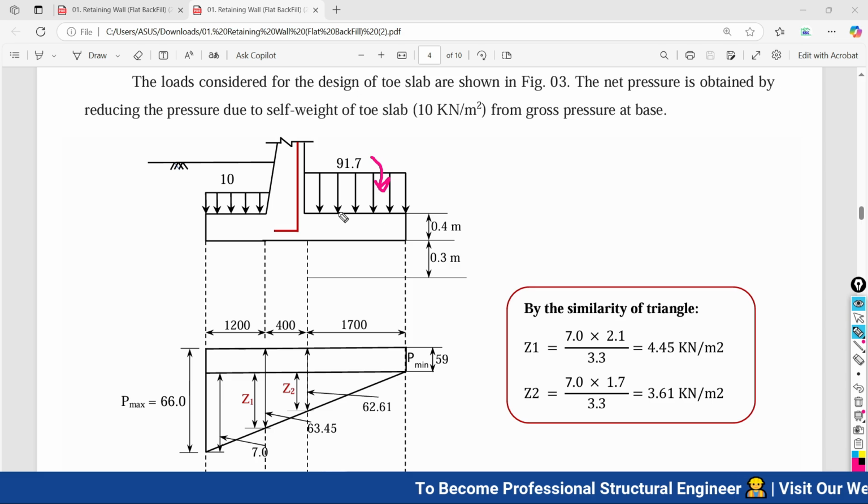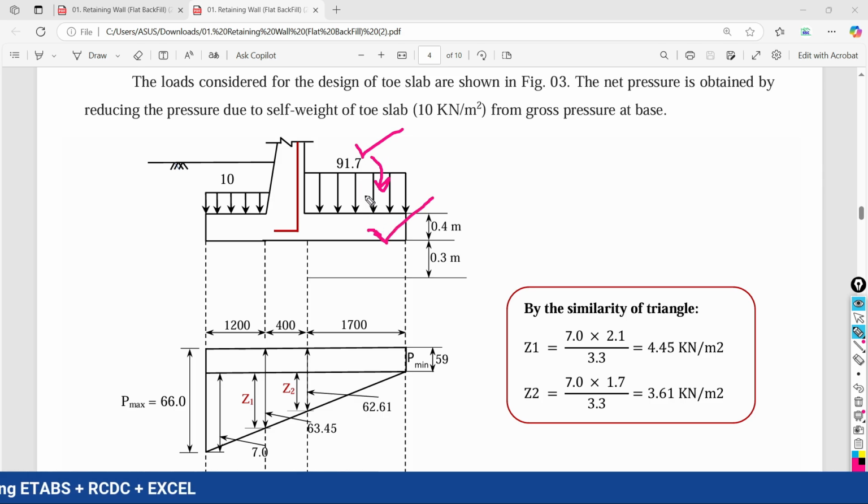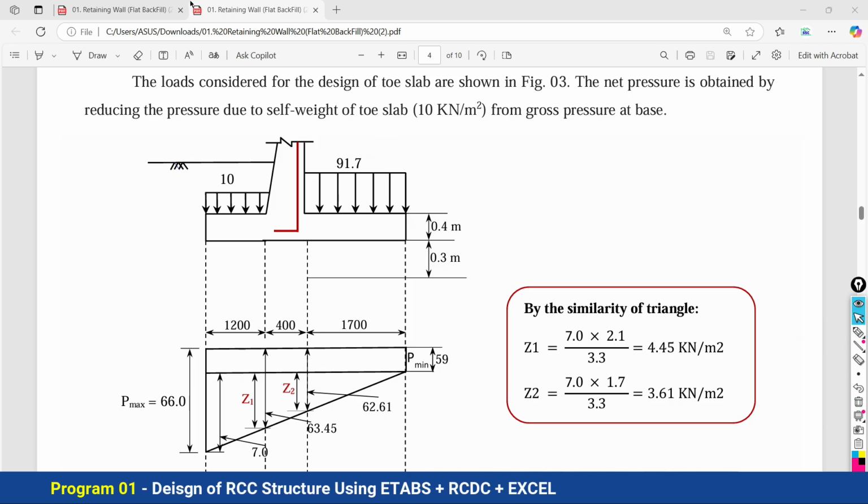It is the summation of the pressure going to be imposed by your soil present on this side and the self weight of the heel slab. These two addition will give you final pressure directing in downward direction. So the calculation is going to be done here.